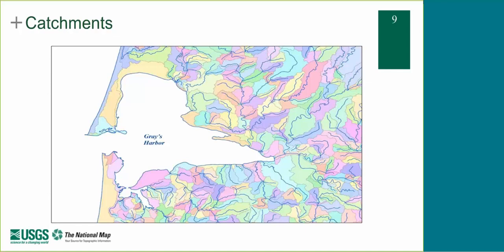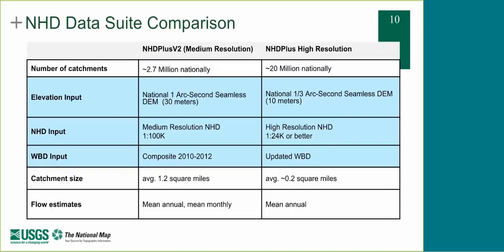So here is a basic comparison of NHDPlus version 2, the medium resolution data set that's been around now for about a dozen years, and the new high resolution NHDPlus that we're just creating. Nationally, the number of catchments in the medium res is about 2.7 million.